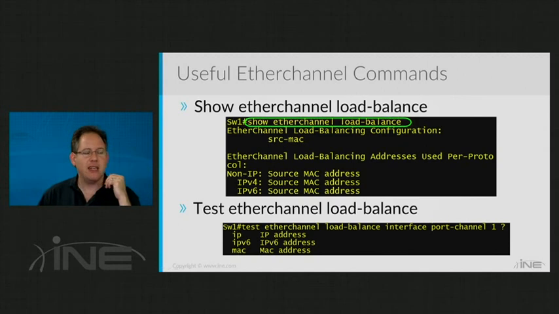So in this particular case, now that we know our load balancing algorithm is using the source MAC address, I could say test etherchannel load-balance interface port-channel and then give it my channel group number that I selected. Then say MAC and then type in like the MAC address of my laptop. And it'll show me that my laptop will always choose physical port 0/5 or 0/9 or something in this EtherChannel. So that's the way you can see it in advance.